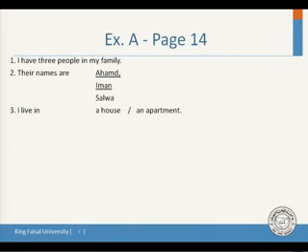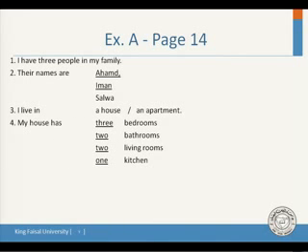I live in a house. I live in an apartment. Make a similar sentence. Number 4, my house has 3 bedrooms, or 4 bedrooms, or 2 bedrooms. My house has 2 bathrooms.